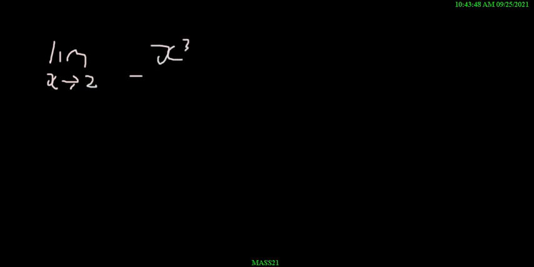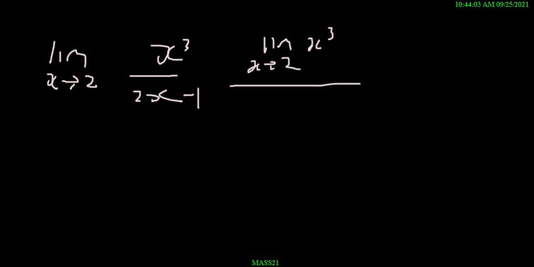Now on division. It's going to be the limit of x to the power 3 as x approaches 2, over the limit of 2x minus 1 as x approaches 2.